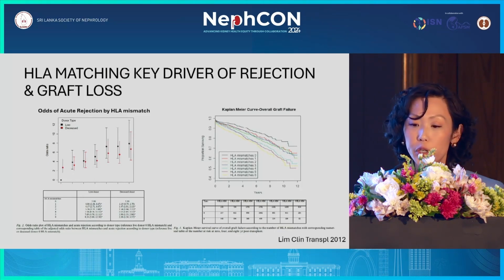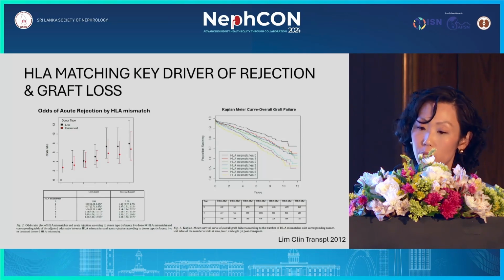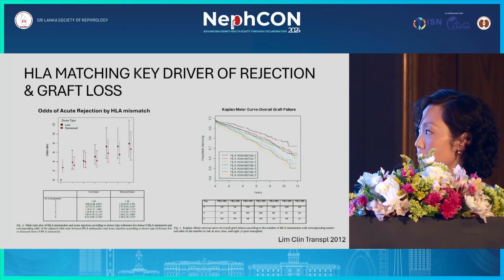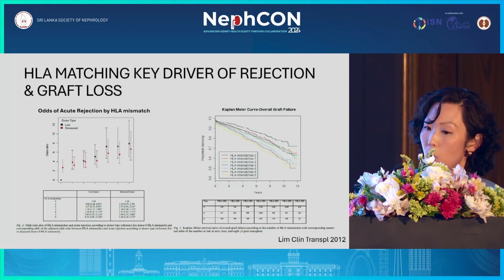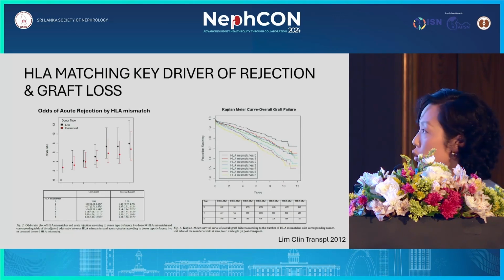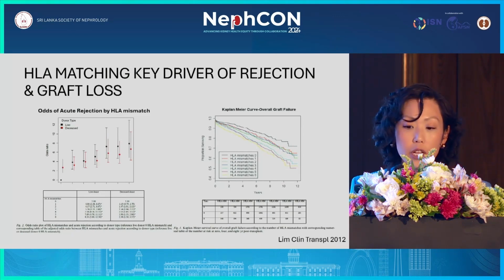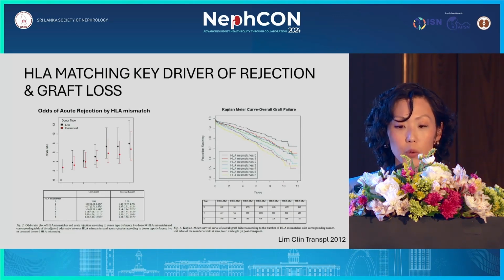In this Australian registry analysis of over 8,000 recipients, higher HLA mismatch along the x-axis here was associated with increased odds of rejection. And in this right panel, higher HLA mismatch was associated with reduced graft survival, and although not shown here, with reduced patient survival as well.